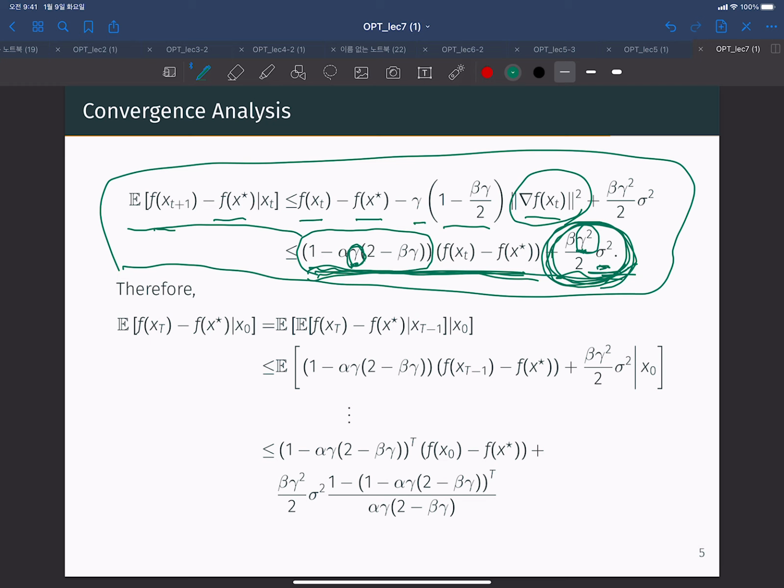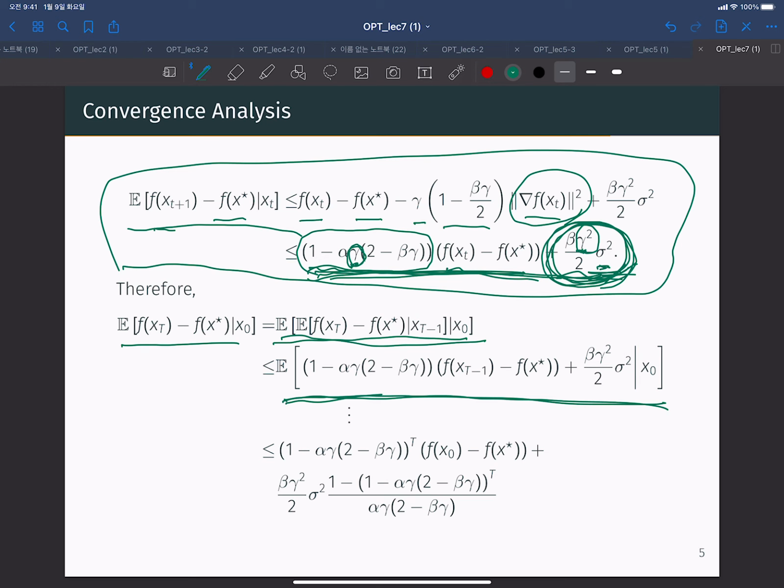So from that you can decrease f(x_t) minus f(x*) by using the stochastic gradient descent algorithm. More precisely, using this form, you can iteratively calculate this inequality. f(x_T) minus f(x*) is equal to this. This is less than or equal to this.